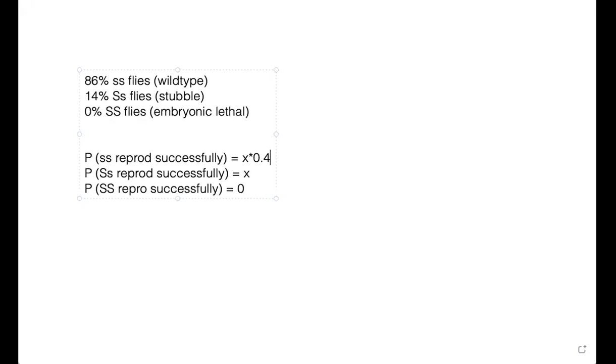The probability of a heterozygous stubble fly reproducing successfully is some number, that's X. The probability of a wild type fly successfully reproducing is the probability of successful reproduction if it doesn't get taken by the experimenter, multiplied by the probability that it doesn't get taken by the experimenter. So that's X times 0.4.